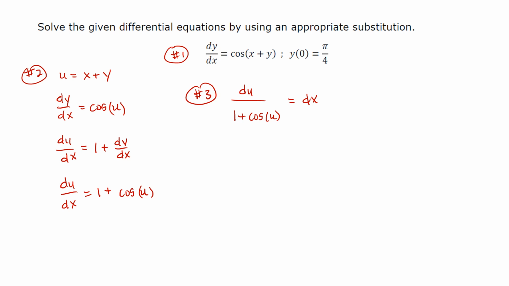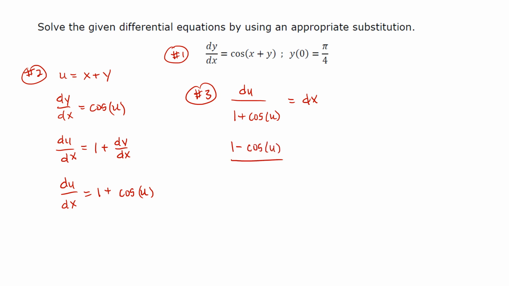We're going to multiply the ratio by the conjugate of the denominator. Speaking to the left side of this equation, we'll multiply the top and the bottom by 1 minus cosine u.